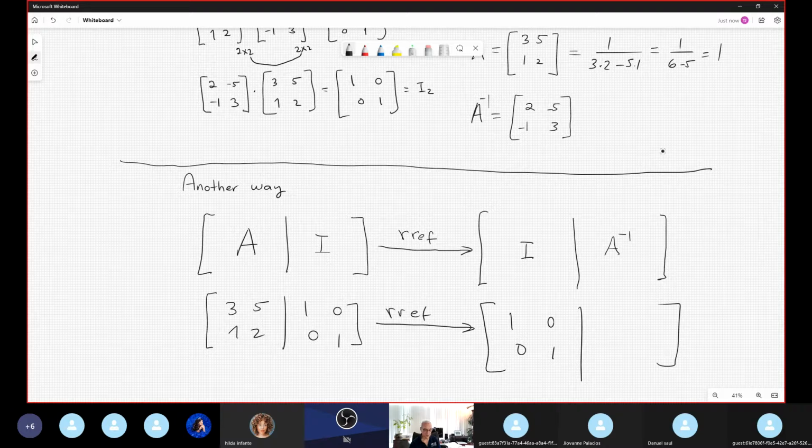When you perform the famous reduced row echelon form, you get the identity matrix 1, 1, 0, 0 on the left, and in the right-hand side you get 2, negative 5, negative 1, and 3. It doesn't matter what dimension it is, 3 by 3 or 4 by 4: you copy together the original matrix given in my problem plus the identity matrix. You perform the reduced row echelon and automatically you get the inverse matrix here.